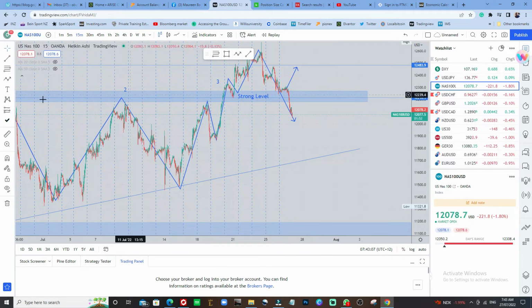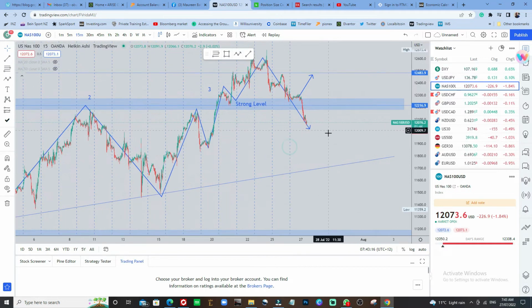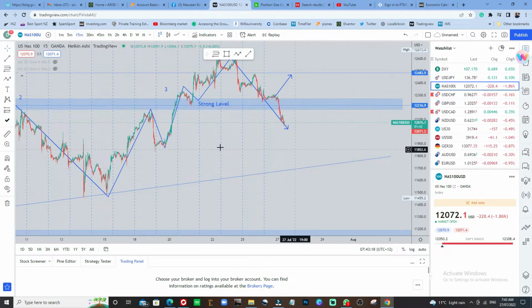Now the breaking of this level after so many attempts shows the strength of the US dollar. What do I mean? NAS 100 is an index, and indices work inversely proportional to the strength of the US dollar.